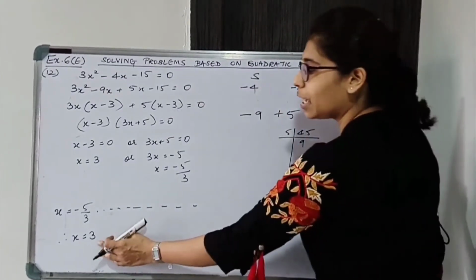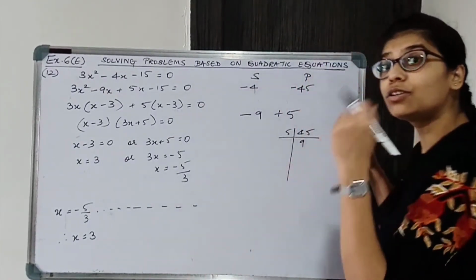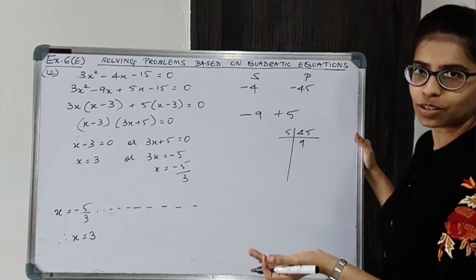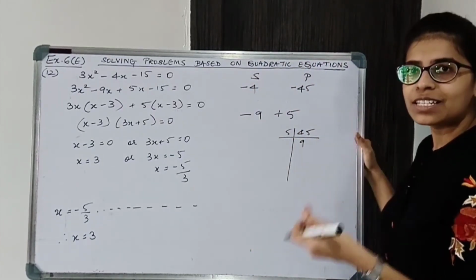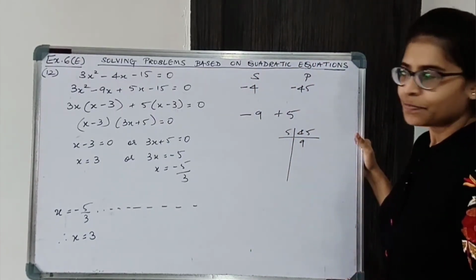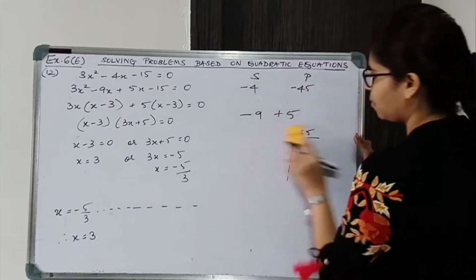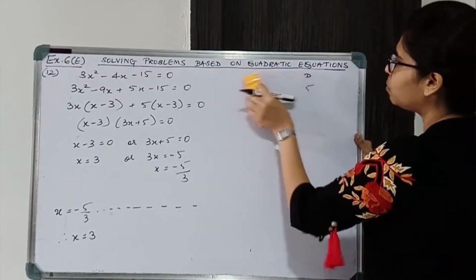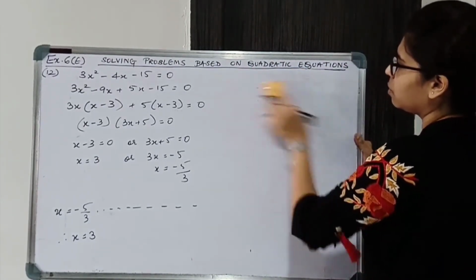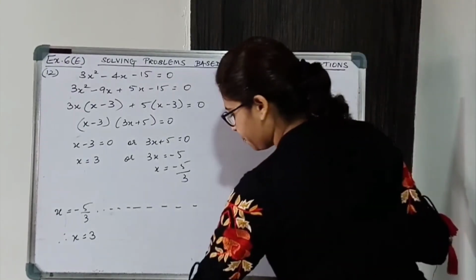Now this is the age of son 2 years ago. Past का बात हो रहा है. Okay. So present ages we need to find. So present ages of son and father both. Check the table. Okay.